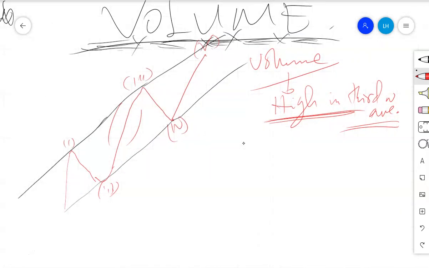Then also, according to the Elliott wave principle, he recognized that in the fifth wave, volume may be higher than the third wave, or equal to the third wave, and sometimes less than the third wave. But mainly in the first wave, the volume is low. In the first wave, the volume is low. When we compare the first wave and the third, volume is low in the first wave.